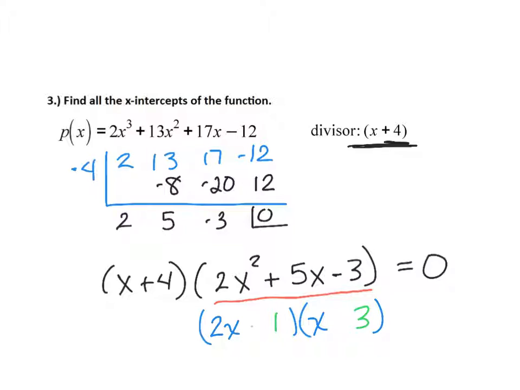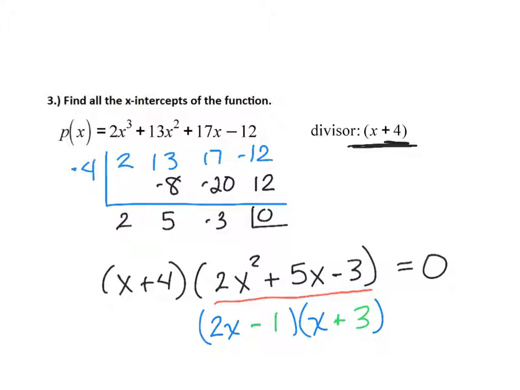And I'm going to put the negative here and the plus here. If I do a quick FOIL here, the inner gives me a negative 1x. This gives me a positive 6x. So when I add those together, negative 1 plus 6, it does give me a 5x. And the negative 1 times 3 is negative 3.